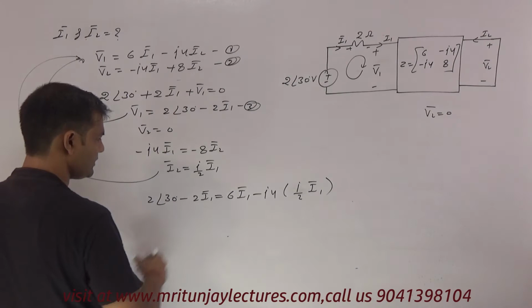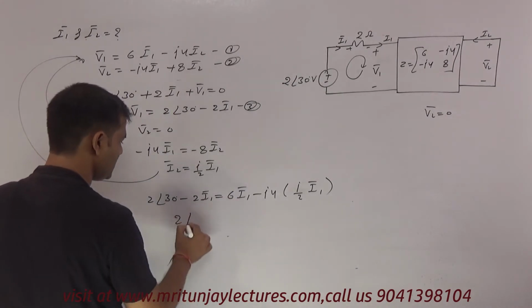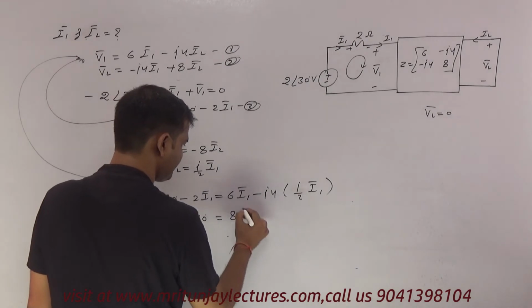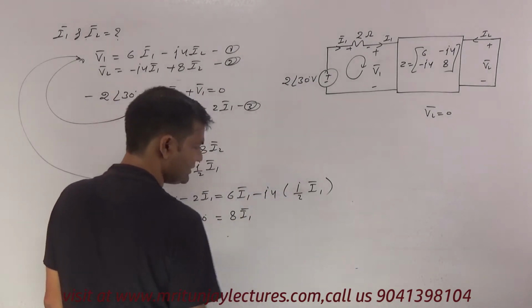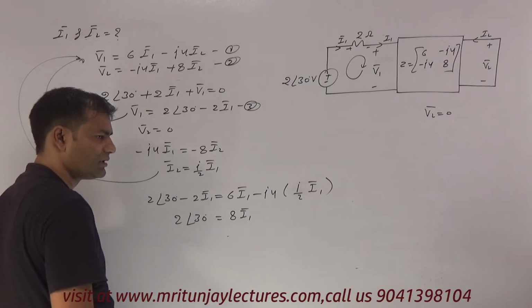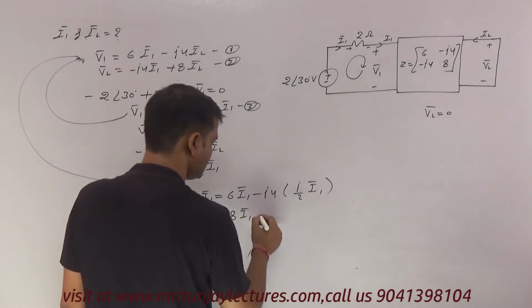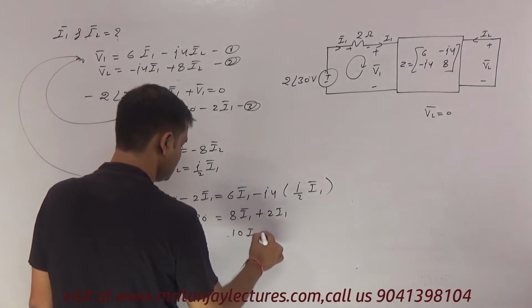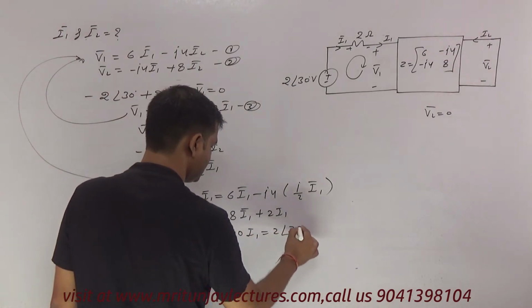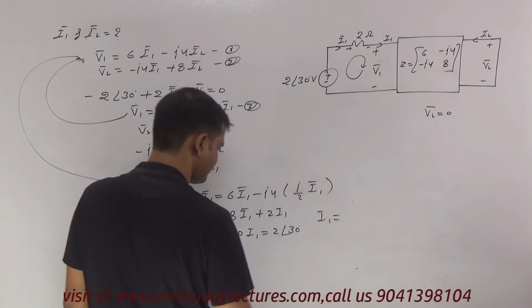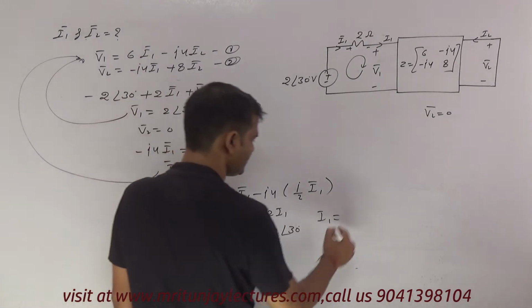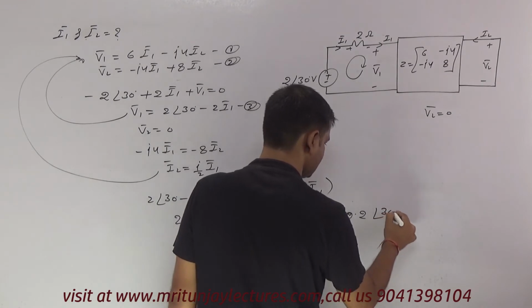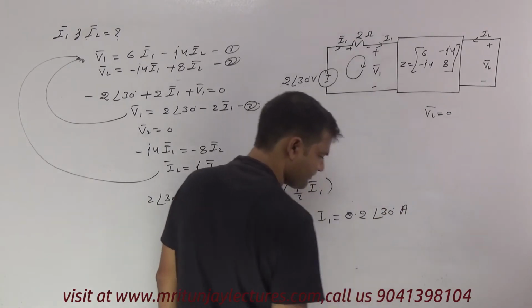So 2 at the angle 30 degrees is 8 I1, J into J squared, that is minus 1, so that is plus 2 I1, so that is 10 I1, which will equal 2 at the angle 30 degrees. So I1 is 0.2 at the angle 30 degrees ampere.